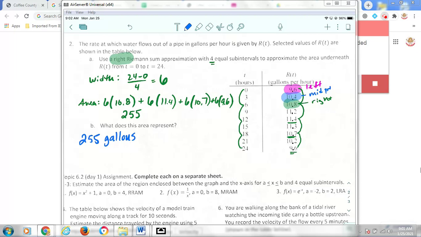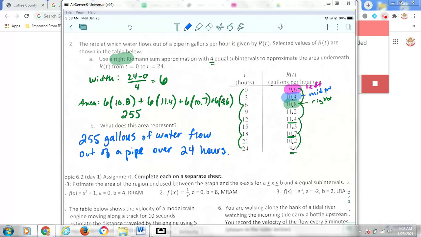So this is gallons of water that has flowed out of the pipe. So 255 gallons of water flow out of a pipe over, and then we need to talk about how many hours it is. So from 0 hours to 24 hours. So that would be 24 hours. Or you could say from 0 hours to 24 hours. Either one is fine.